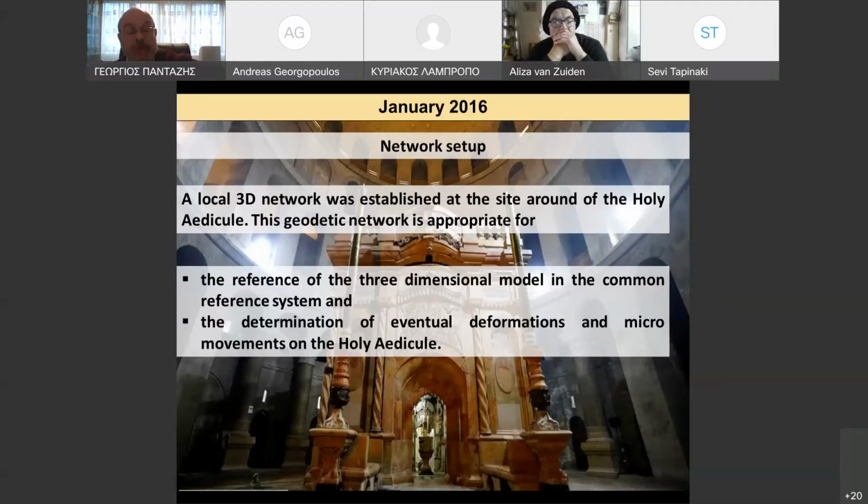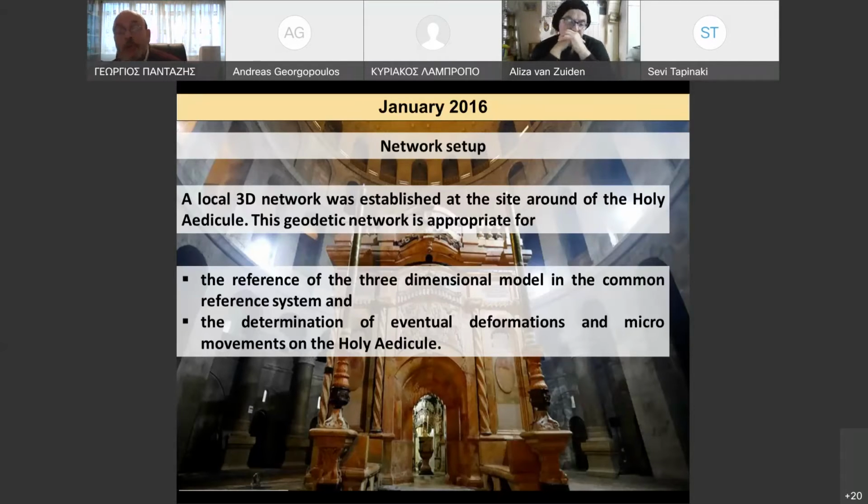The new work in the Jerusalem church is about the Holy Edicula. For the documentation of the Holy Edicula, different geodetic and photogrammetric methods were used.